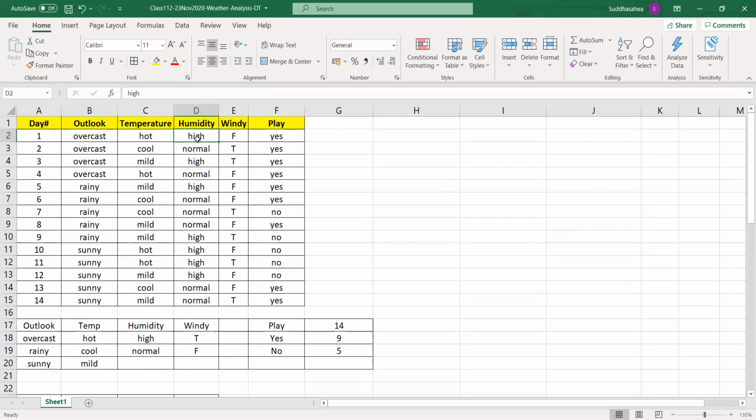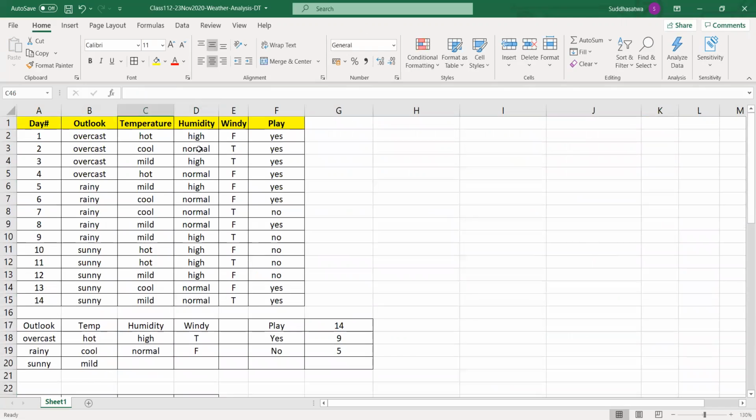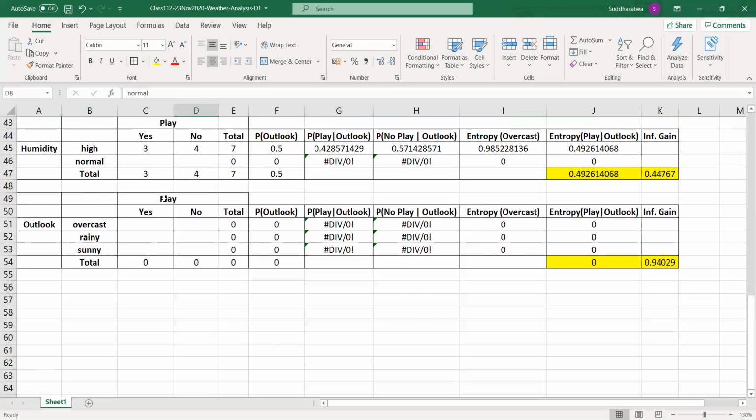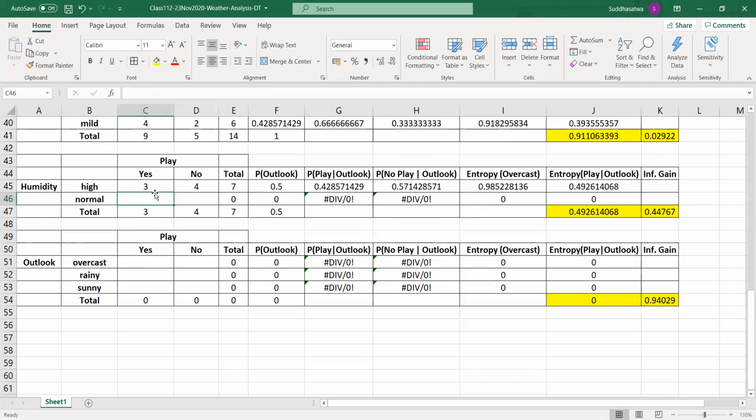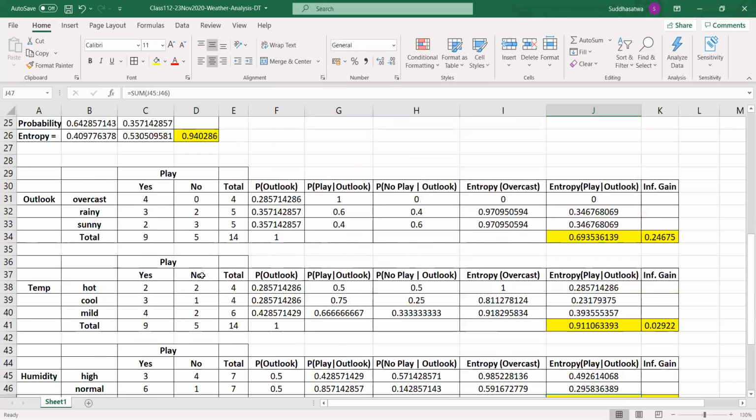If humidity is high, then I have three yes and four no. If it is normal, then I have six yes and one no. I have got the calculation for humidity also.